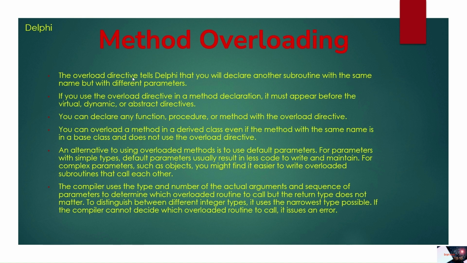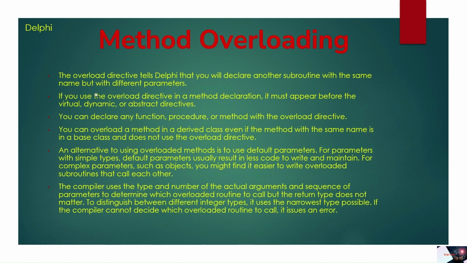For complex parameters such as objects, you might find it easier to write overloaded subroutines that call each other. The compiler uses the type and number of the actual arguments and the sequence of the parameters to determine which overloaded routine or method to call, but the return type does not matter here, right?